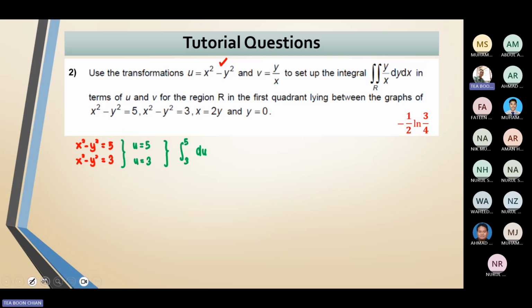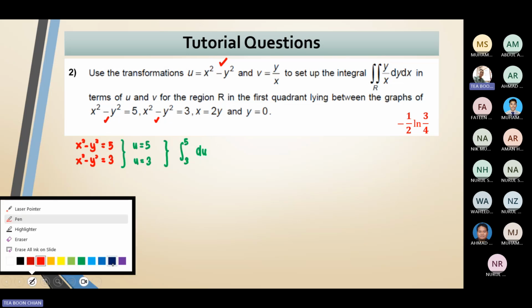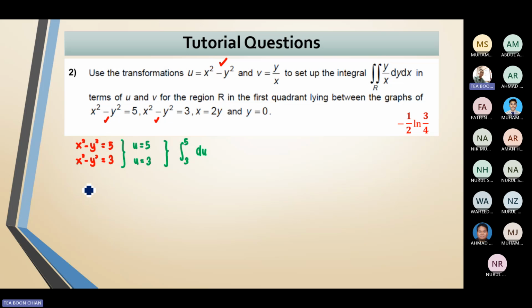Since you know the first two equations you can pair up into U, you should convince yourself the remaining two pair you will make it into V. These next two may be slightly confusing at the beginning because we have the equations x equals 2y and then y equals 0. The remaining pair, you should make it into V because again, we are doing UV transformation.